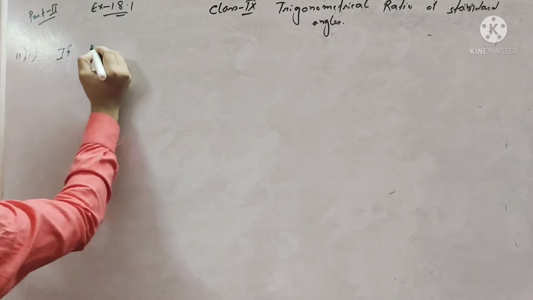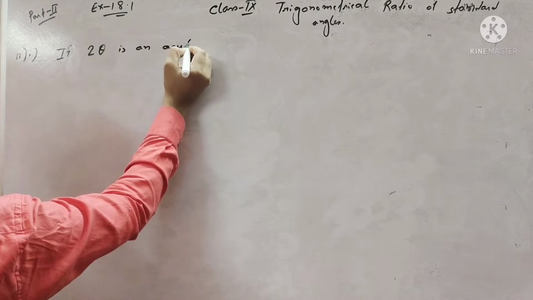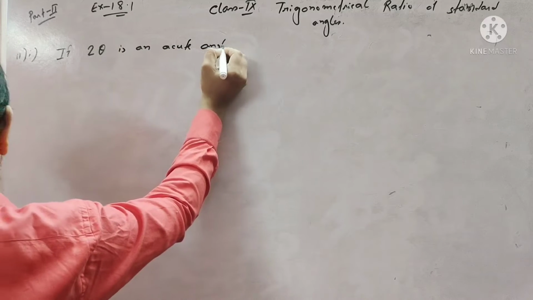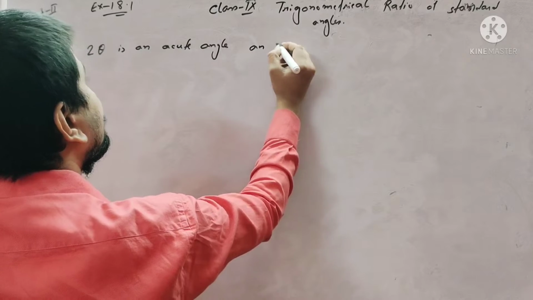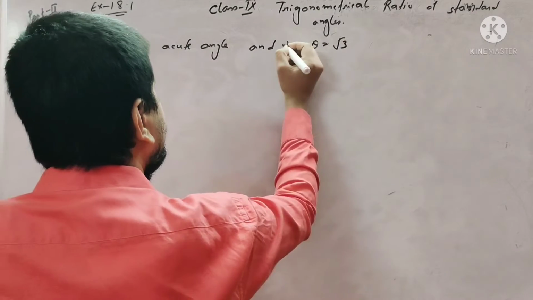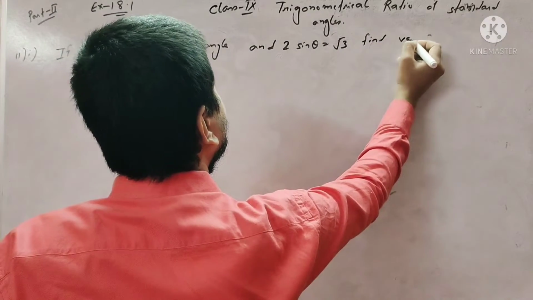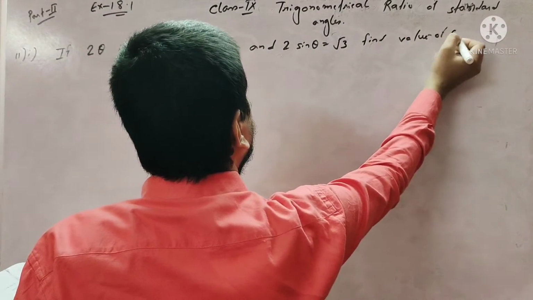if theta is an acute angle and 2 sine theta equals root 3, find the value of theta.